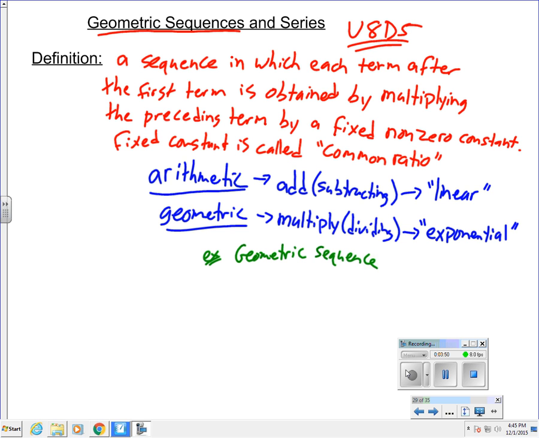If we had 1, 5, 25, 125, 625, that'd be an example of a geometric sequence. Every term after the first term we multiply by 5, so the common ratio is 5.